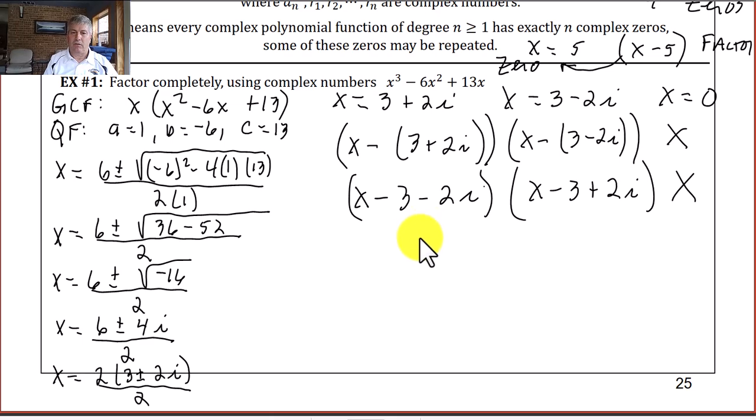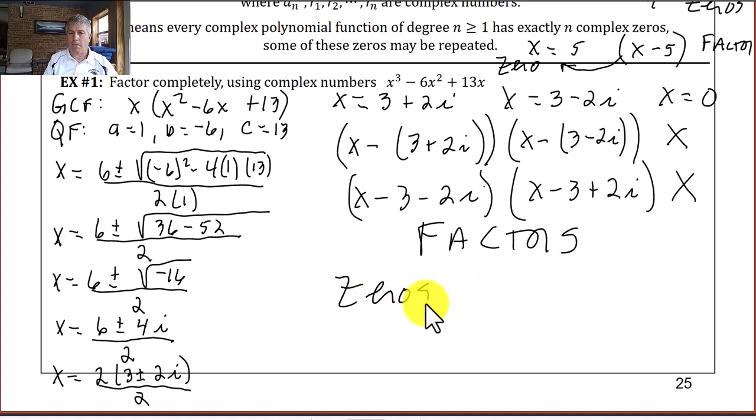And x is equal to my final factor. So these three are my factors. And then my zeros, again, are 3 plus 2i, 3 minus 2i, and 0.